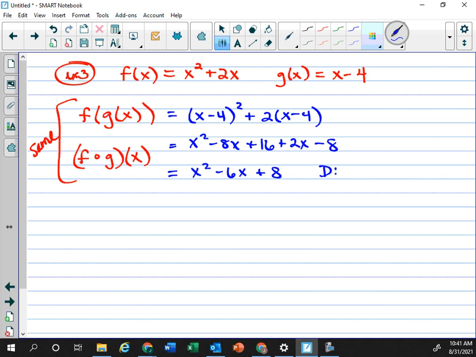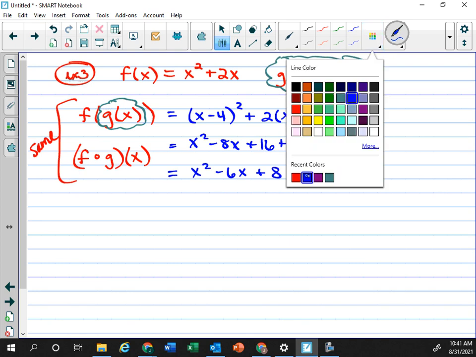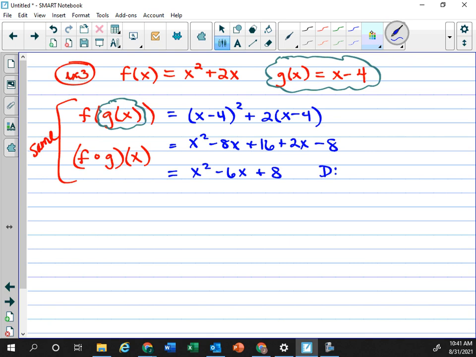So we would care in this case about the g of x function. So you would want to double check the domain of g of x and see if there are any restrictions there. So it's always just the inside function. With g of x, do we have any fractions or radicals? No, so my domain is just negative infinity to infinity.